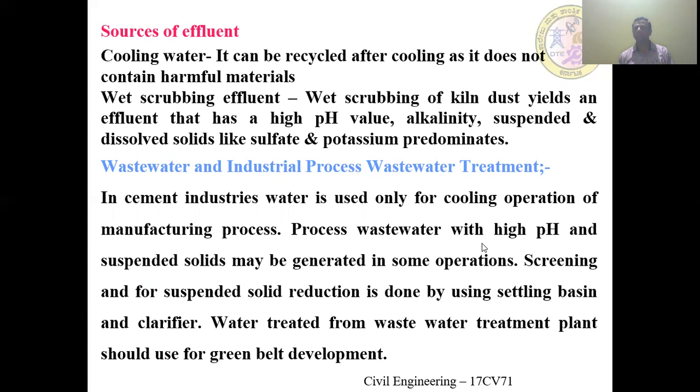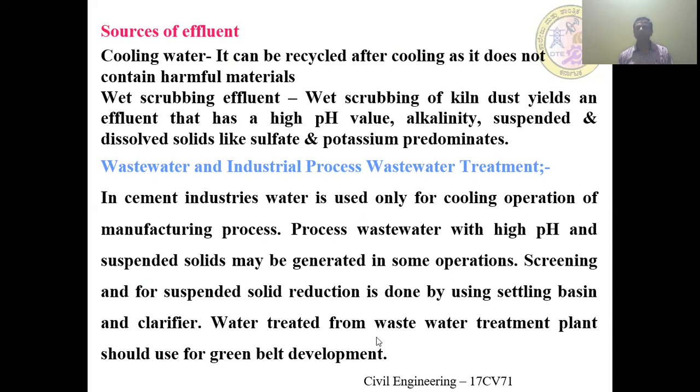The process wastewater with high pH and suspended solids may be generated in some operations. How can we remove suspended solids? By a physical process, screening. Suspended solid reduction is done using a settling basin like a sedimentation tank, or a clarifier with coagulants added to remove suspended particles. pH can be changed by adding alkali or acid to neutralize it.